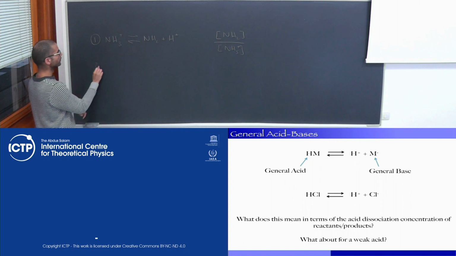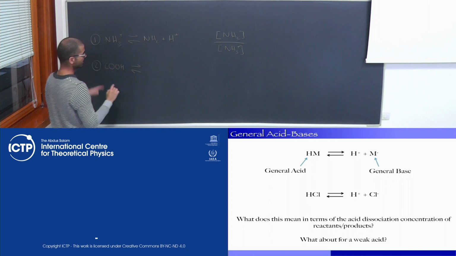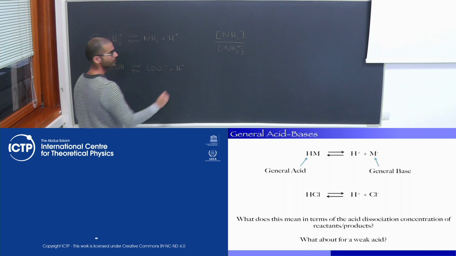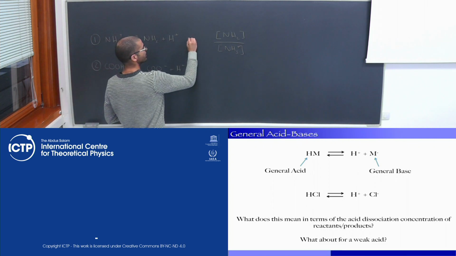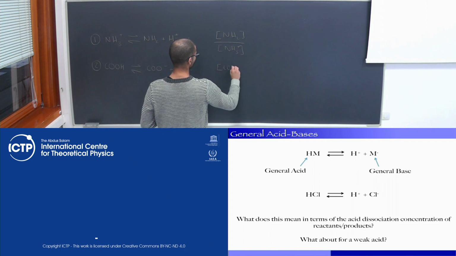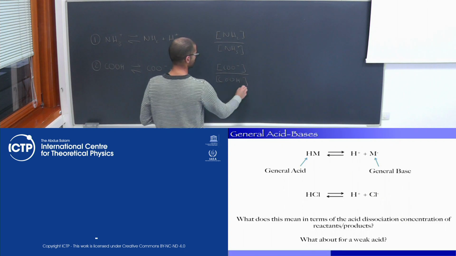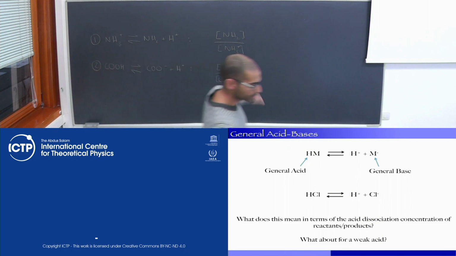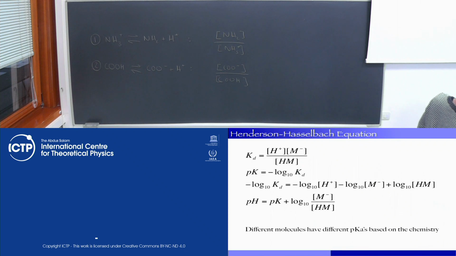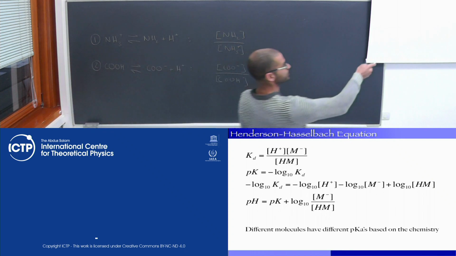And the same thing goes for the C terminus. And the thing we want to look at is, okay, now these two ratios are what goes into this thing here.